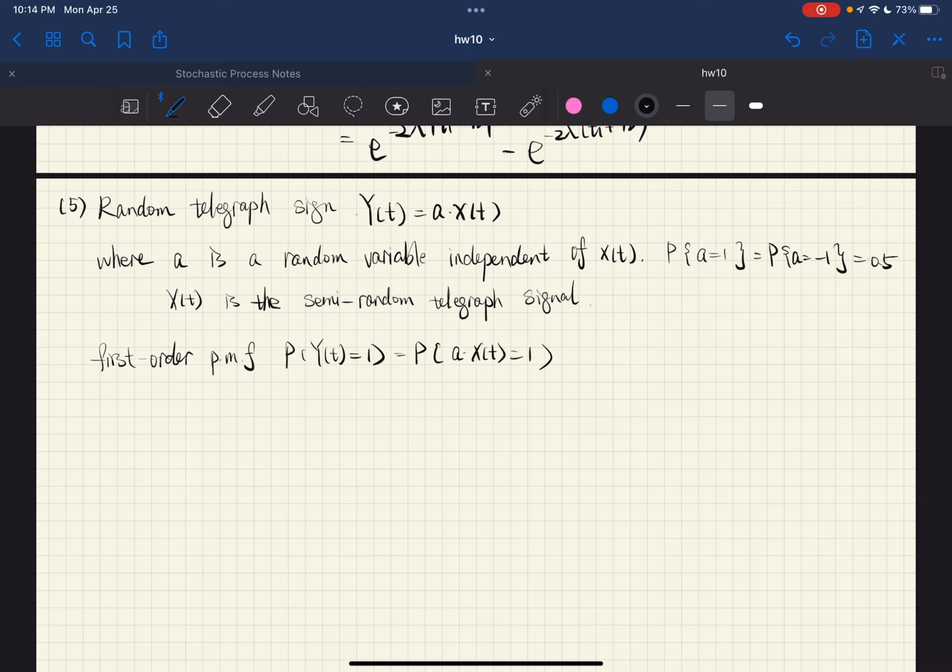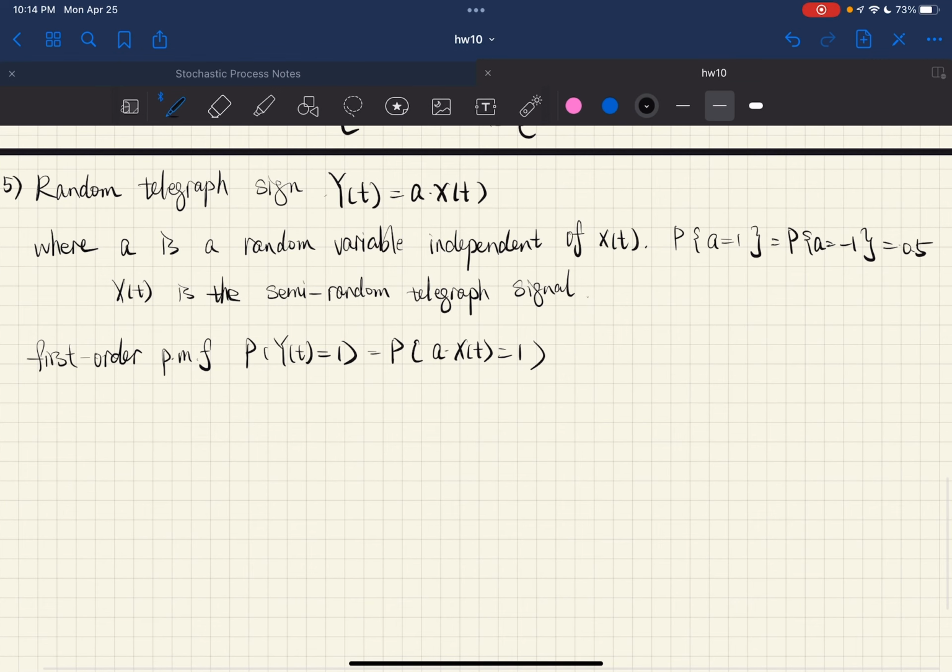Because A is independent of X, we can take A outside the loop. The combination of A times X(t) equals 1 has two cases. One is A equals 1 and X(t) equals 1. And another is A equals minus 1 and X(t) equals minus 1.